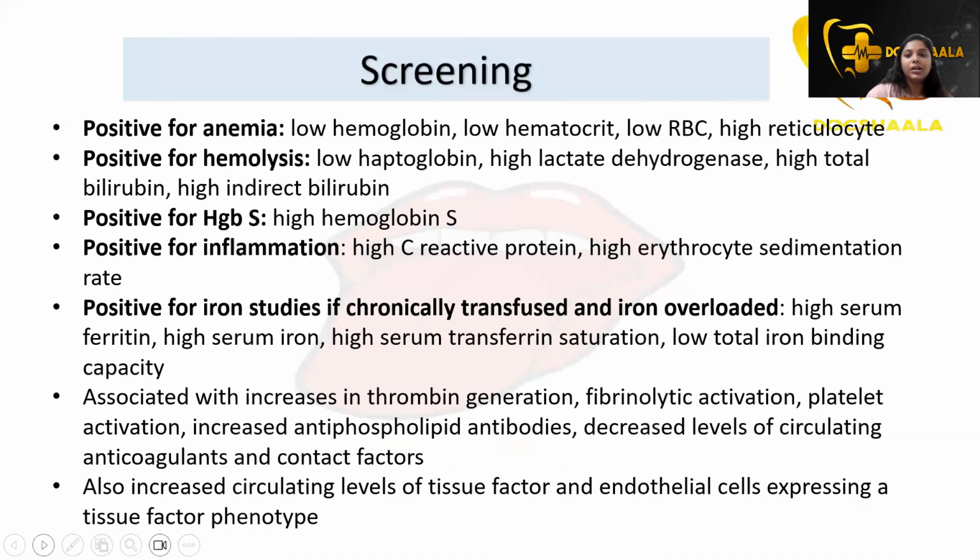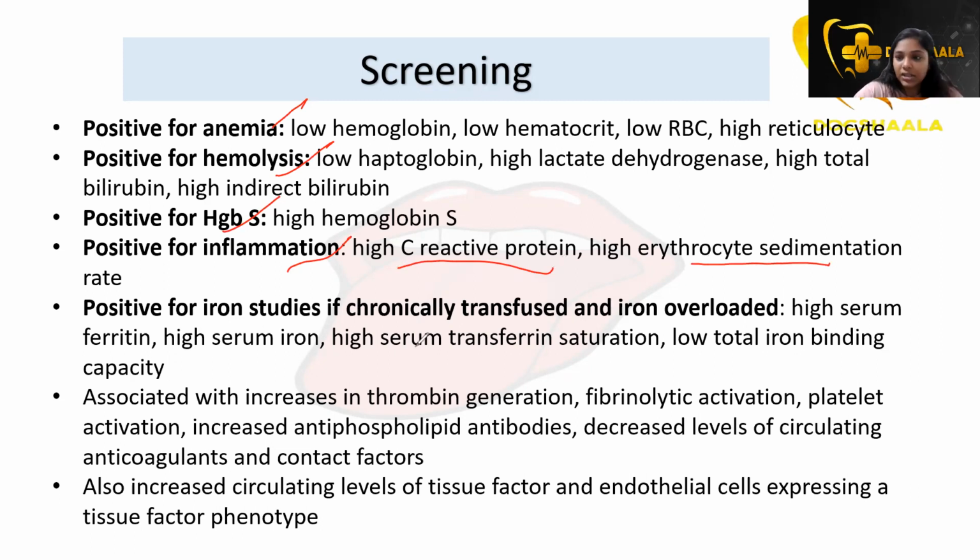Then if the patient is positive for anemia, that is having low hemoglobin, low hematocrit, low RBC, and high reticulocyte. You know what is anemia positive. So you have to check whether the patient is positive for anemia, for hemolysis, for HBS, for inflammation, like we order CRP, ESR, and all.